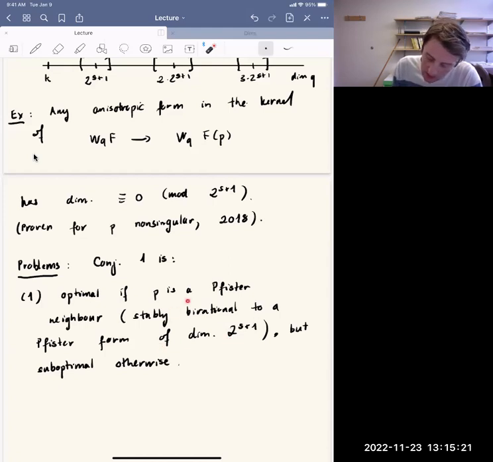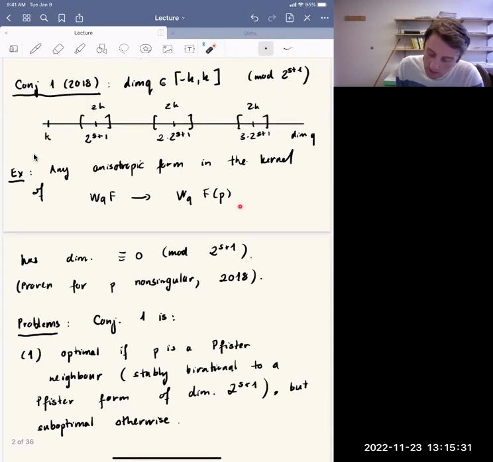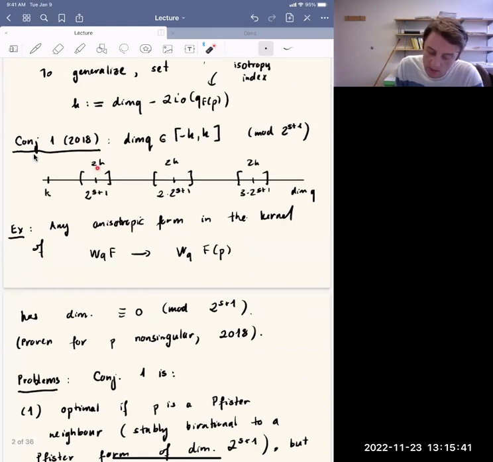And if P isn't a Pfister neighbor, then at least modulo some conjectural statement expressing what I just mentioned, then if you look at the kernel here, one can show that the dimensions of all forms in the kernel are actually divisible by the next power of 2. And therefore, by this translation argument, for non-Pfister neighbors, you should have a refinement of this conjecture where, at least in most cases, you can replace this power of 2 here with the next power of 2. So that's the first thing.